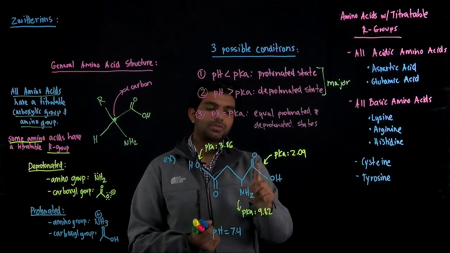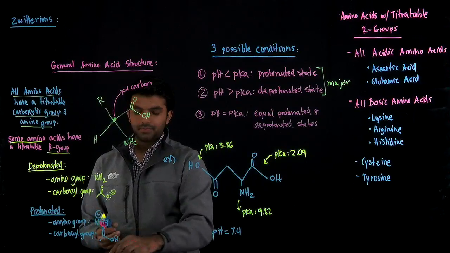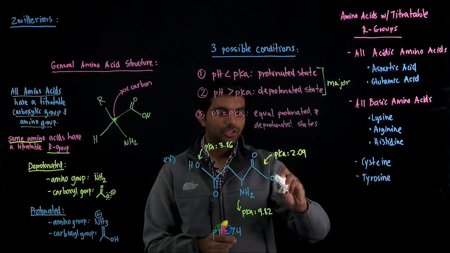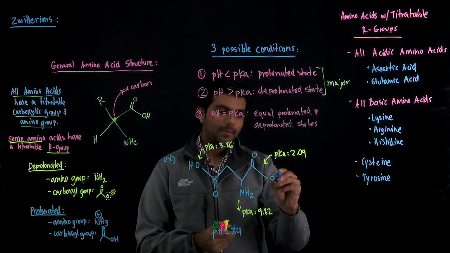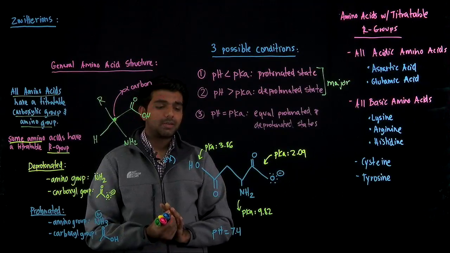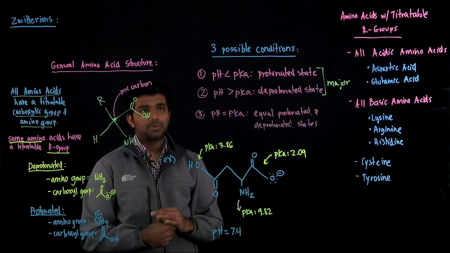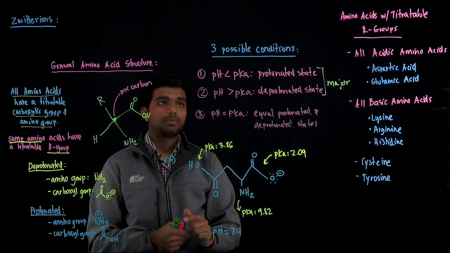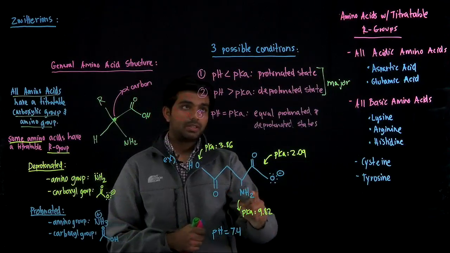Since this is a carboxyl group in a more basic environment, it's going to lose the H and have a negative charge. Then we'll do the same thing for the amino group. The pKa is 9.82, but the pH is 7.4. In this case, we're under situation number 1, where the pH is less than the pKa, so this amino group is going to be in the protonated state.